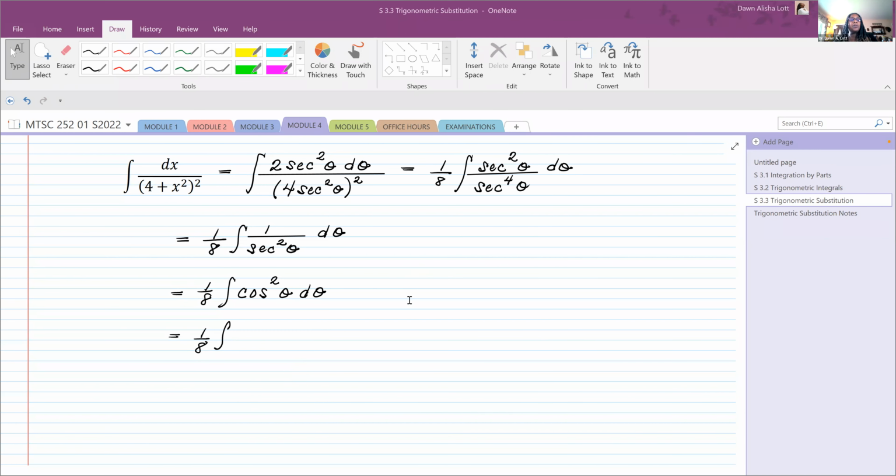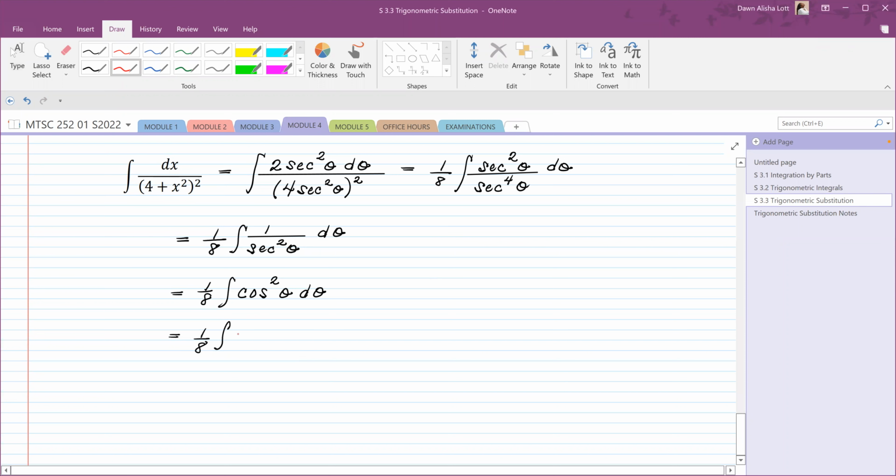How do you integrate cosine squared? The powers are even. Would it be cosine of x times sine of x? Okay, we have to use the double angle formula, but thank you for trying.